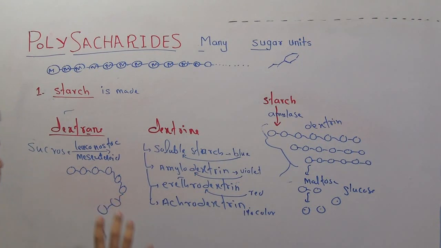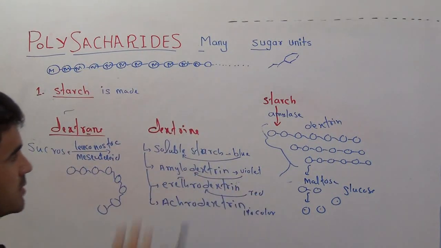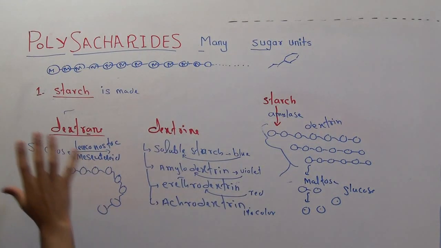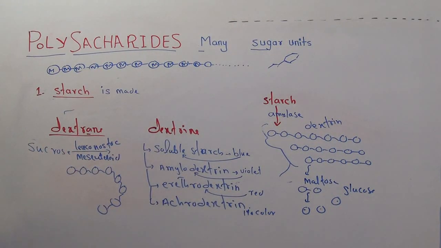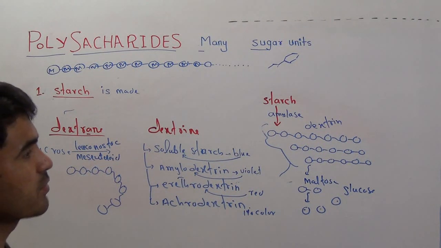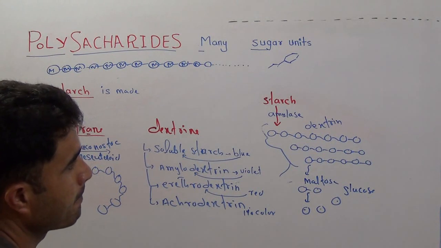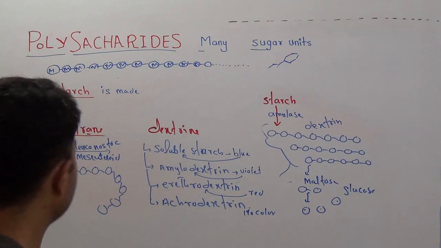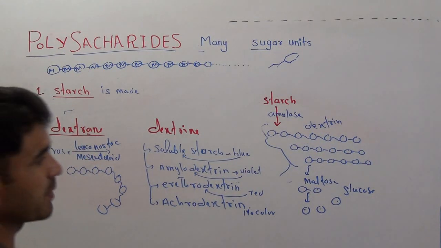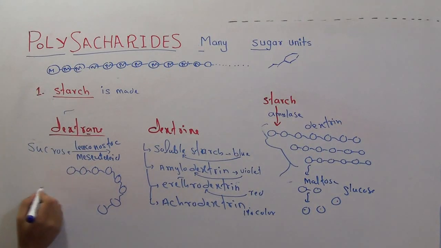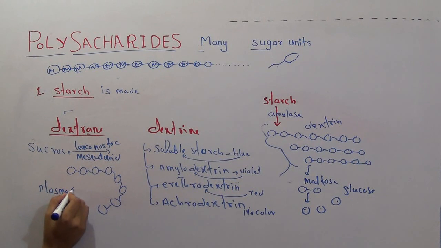Now let me compare dextran with dextrin. Between dextran and dextrin, there is a difference of branching as well. The first point is that dextran is used as a plasma expander.